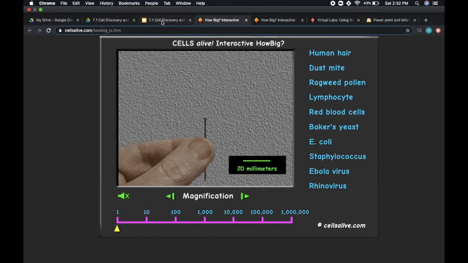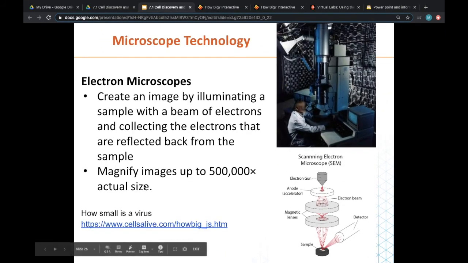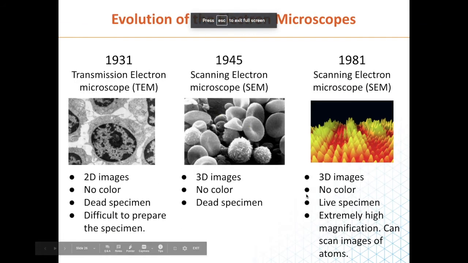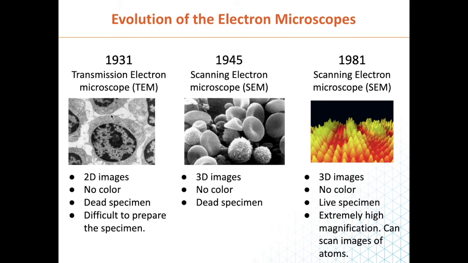All right, so back here, we now know why we use electron microscopes. Let's talk about how electron microscopes have changed over the years. So our first type of electron microscope was a transmission electron microscope. Using this, we were only able to get 2D images only in black and white, and the specimen had to be dead.